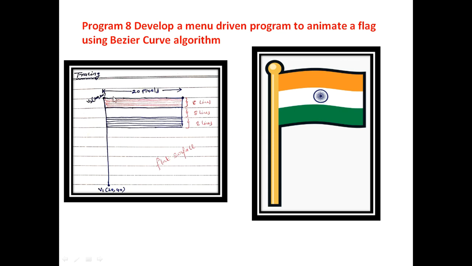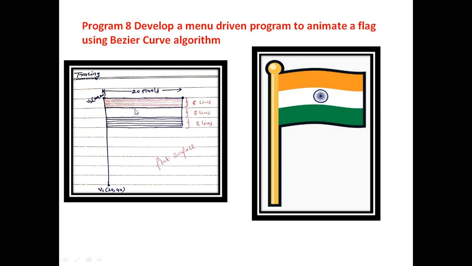Now the question is how to create the flat surface image. As you can see, I designed 8 times 3, which is 24 line segments. In each line segment we have 20 pixels. So 24 lines are there, and in each line we have 20 pixels.